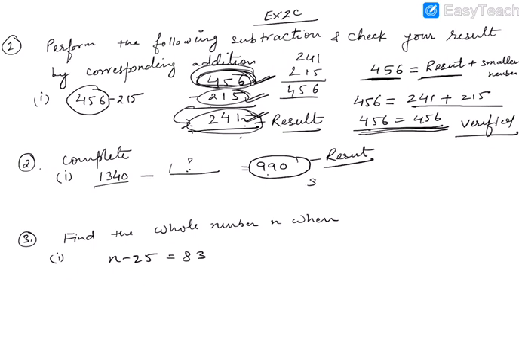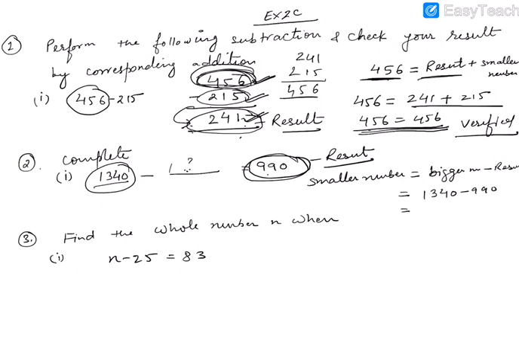How to get a smaller number? A smaller number is equal to bigger number minus result. What is the bigger number? Subtract it.